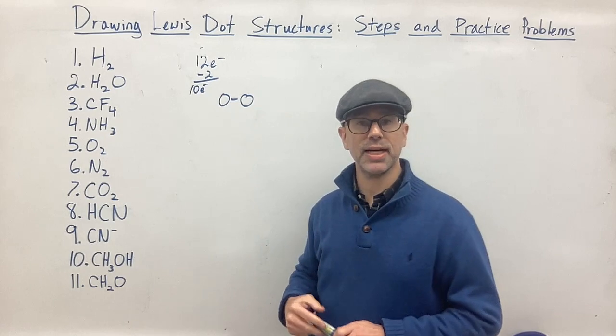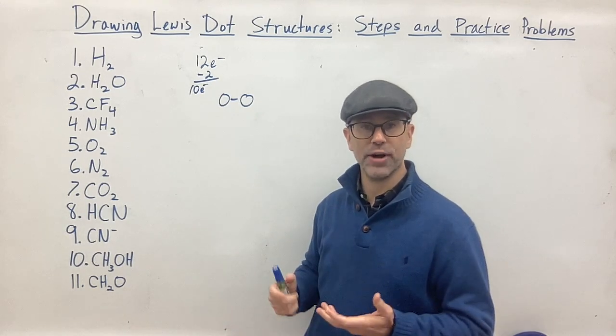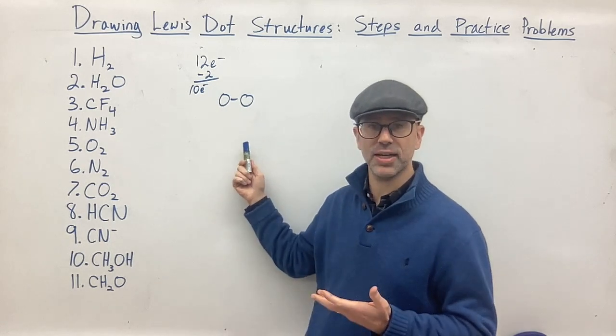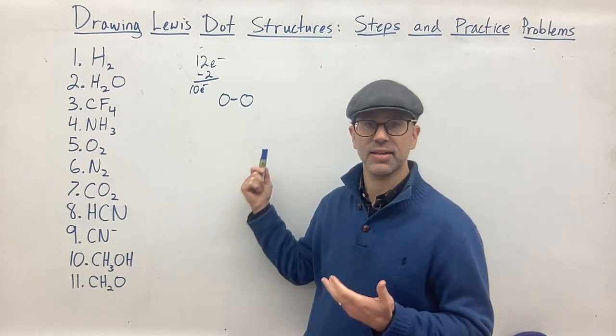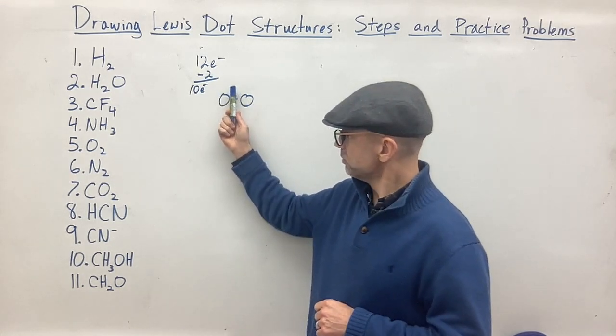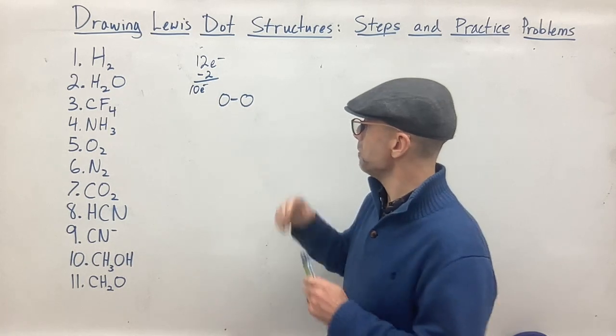Now step 3 says add lone pairs to your outer atoms. Since both of these are bonded to each other, they're both the central atom and the outer atom. So basically I'm going to give lone pairs to each of the oxygens.